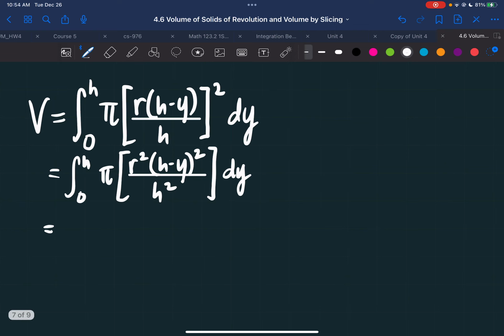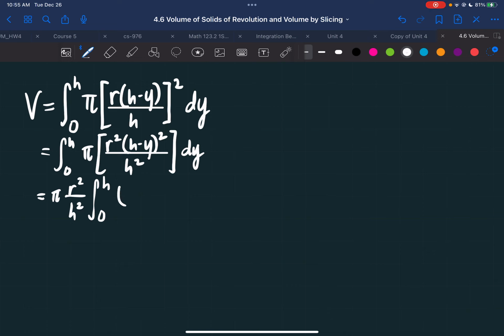We have pi times r squared over h squared integral from 0 to h of h minus y squared dy. There are two ways for us to solve for this one.